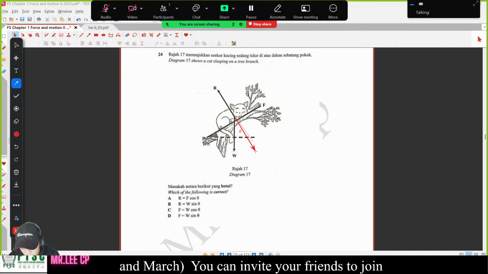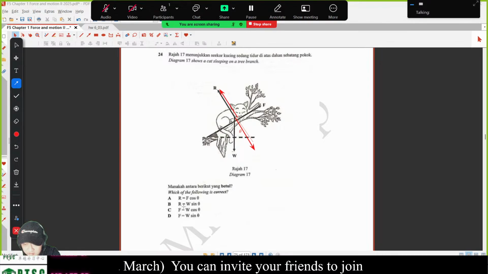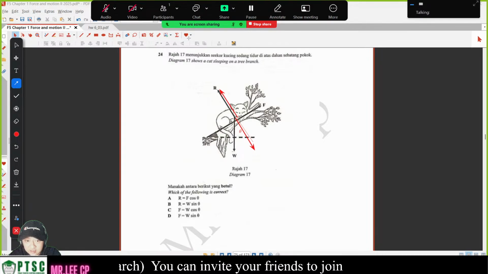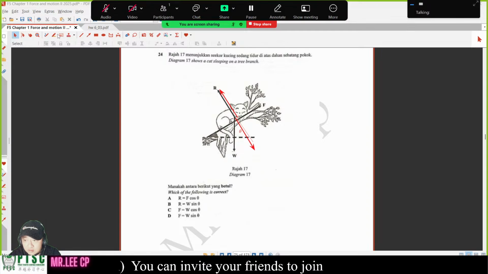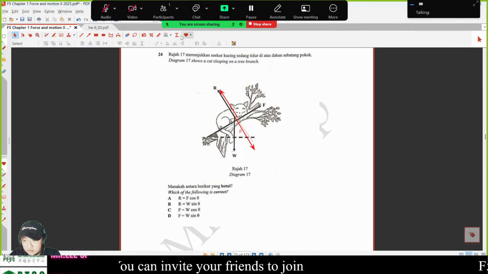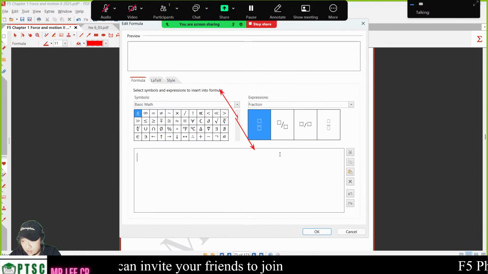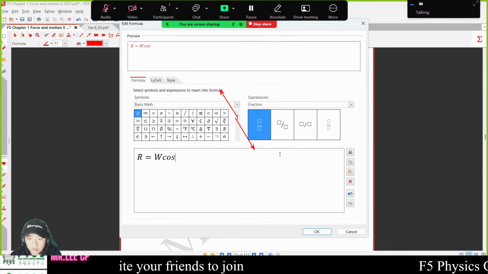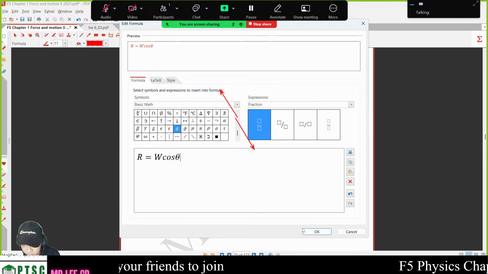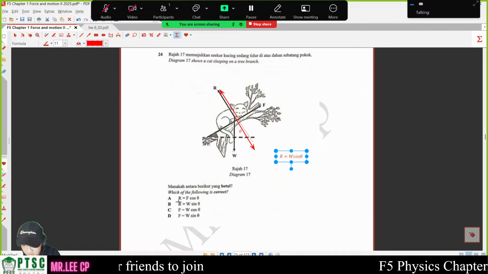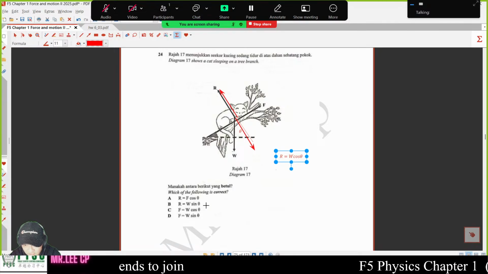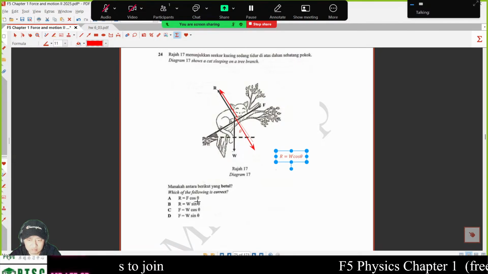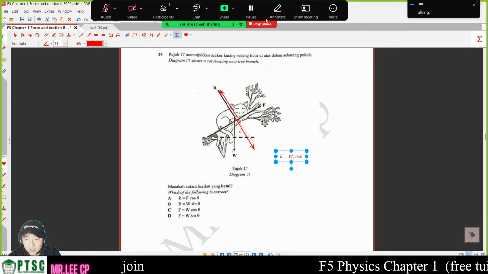W cos theta is R. So R is equal to W cos theta. I see R is equal to W cos theta, R equals W sin theta. Alright, these two are wrong. Okay, never mind. This one is wrong.